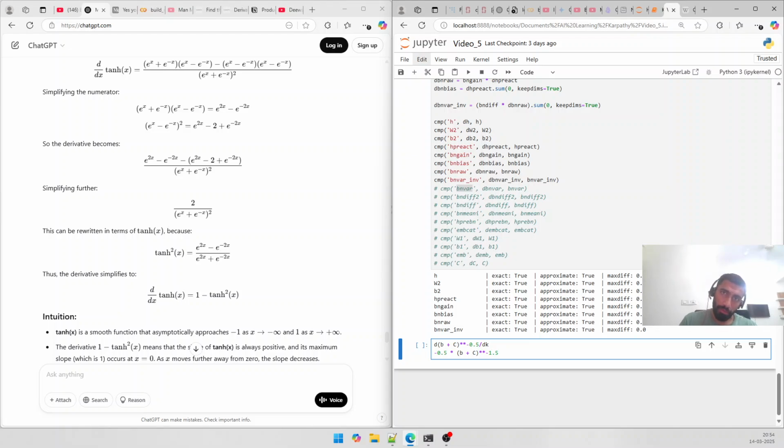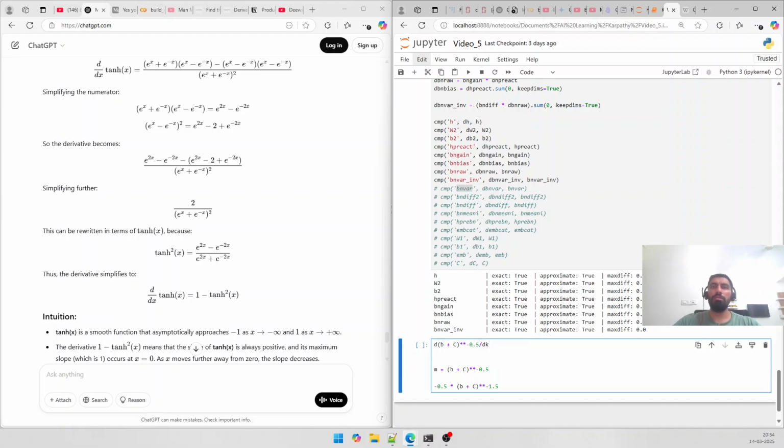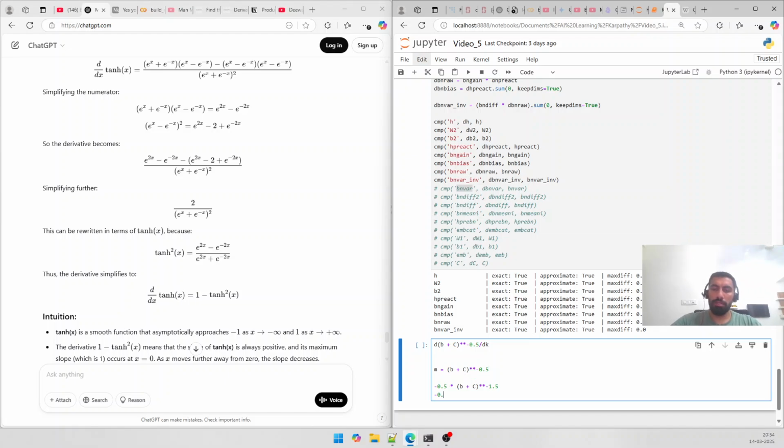From half, it became 3 by 2, means that's the cube, right? So say m equal to this. So minus 0.5 into m cube. That's for sure, right? Yeah.